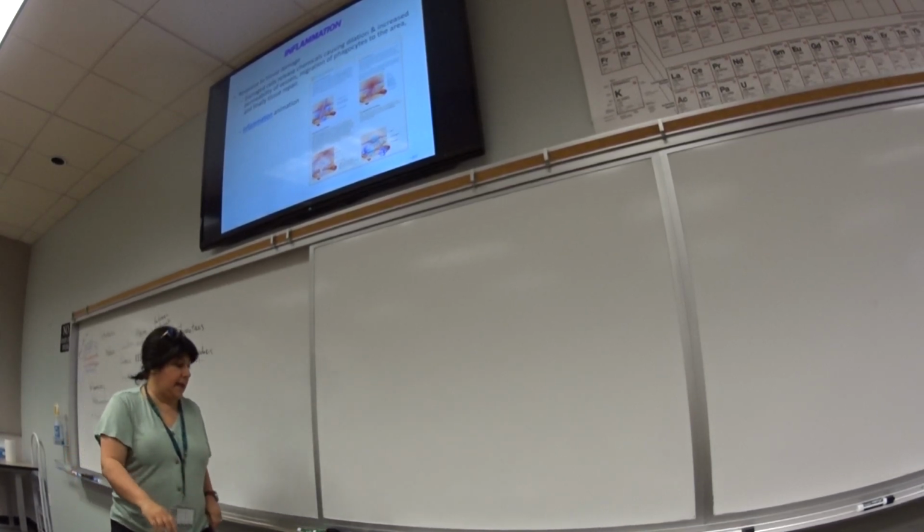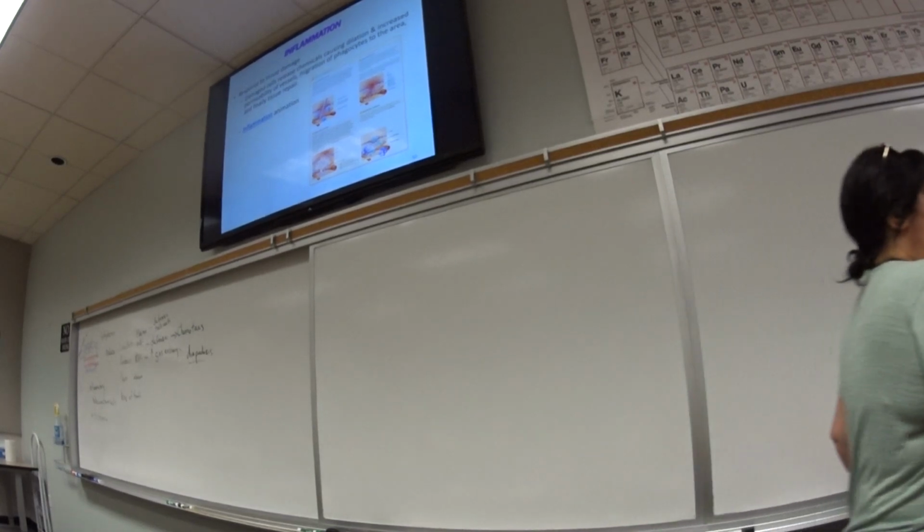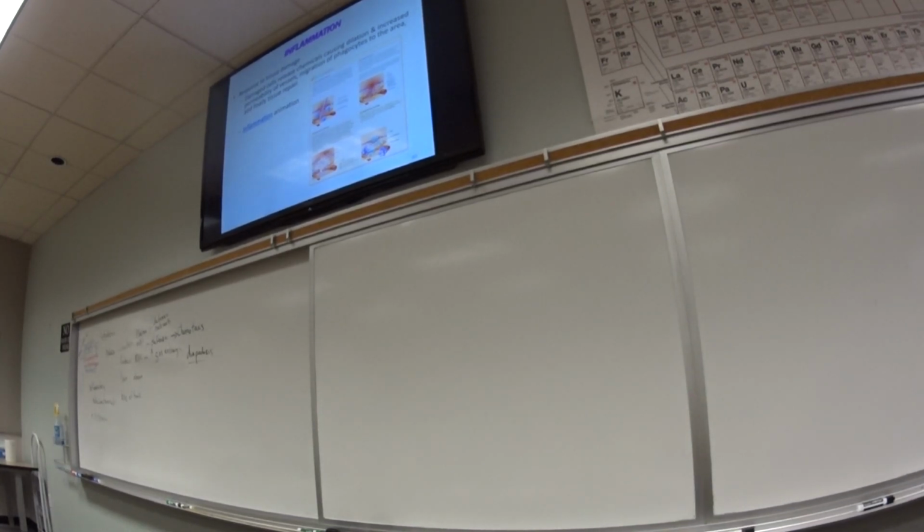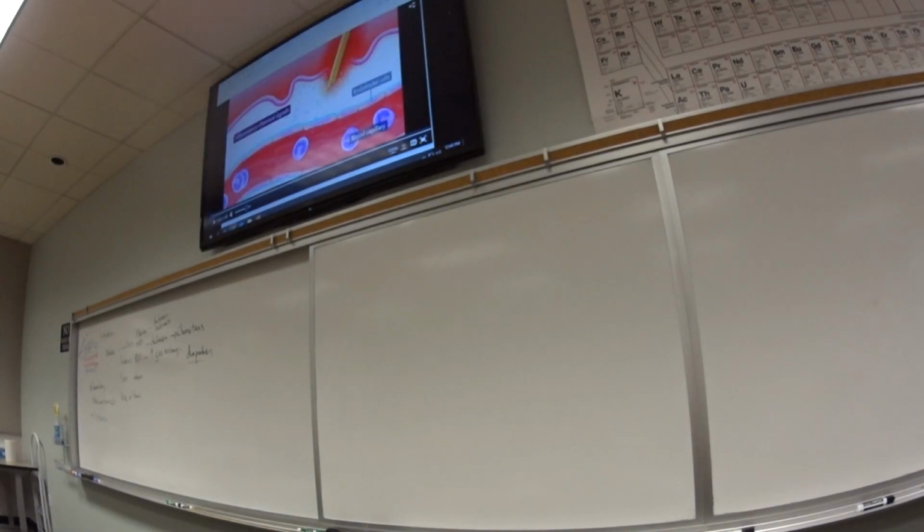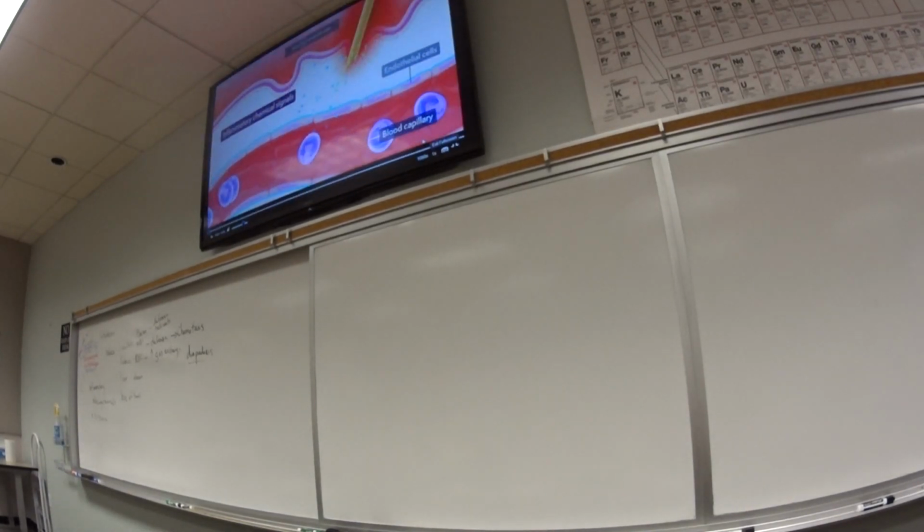So let me use the animation now to show you this process. I'm going to play the animation without the sound at first to show you the process. And then I will go over it.